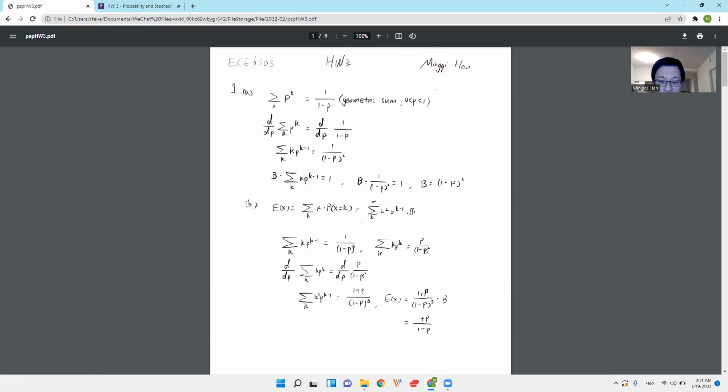Keep in mind that this b is not differentiated at all. It is supposed to be outside and not affected. So we can simply multiply the b over here, and plugging in the b value that we obtained previously, we get the expected value of X equal to 1 plus p over 1 minus p.